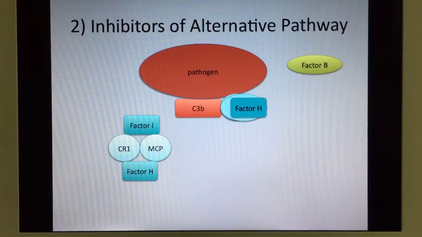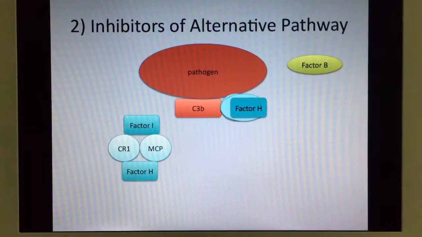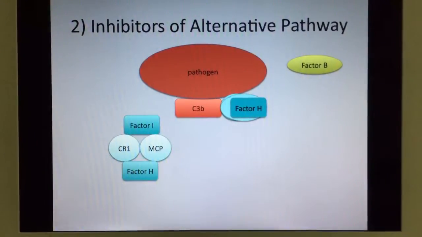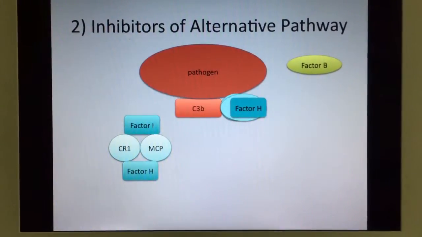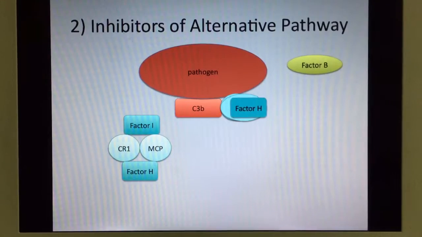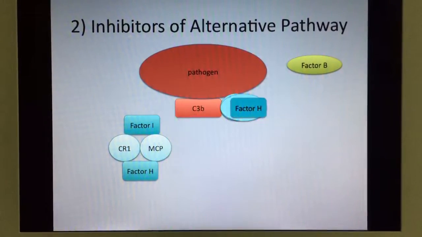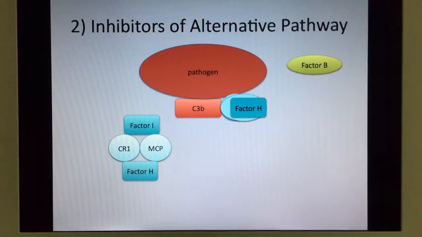In addition, factor I, which is a plasma protease, in conjunction with C3b binding cofactors such as CR1, membrane cofactor of proteolysis MCP or CD46, and factor H, is able to cleave C3b into its inactive iC3b derivatives to prevent C3 convertase formation.